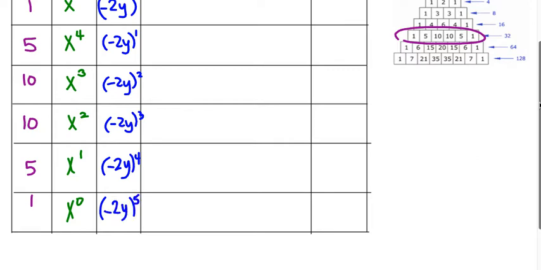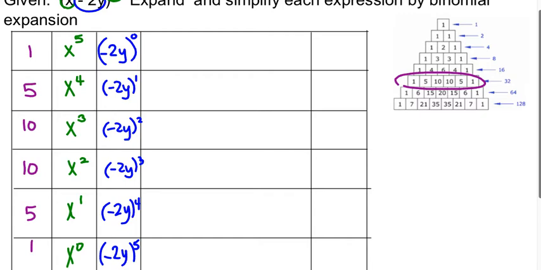The fourth column is actually taking each of these terms and figuring out what they mean. So we have the 1, I'm going to put a 1 down, x to the fifth, and then negative 2y raised to the 0 power, so anything raised to the 0 power is just 1. Now we multiply those numbers together. 1 times x to the fifth times 1 is x to the fifth.